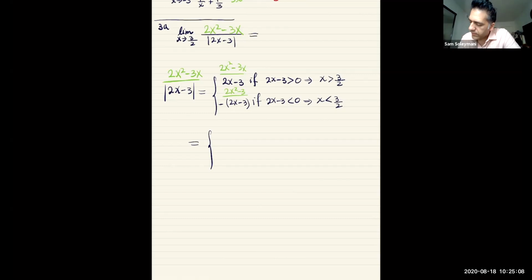Look, the top, you factor the x out, you get x times 2x minus 3. So let me just make the top x times 2x minus 3. It's easier to look at it that way.